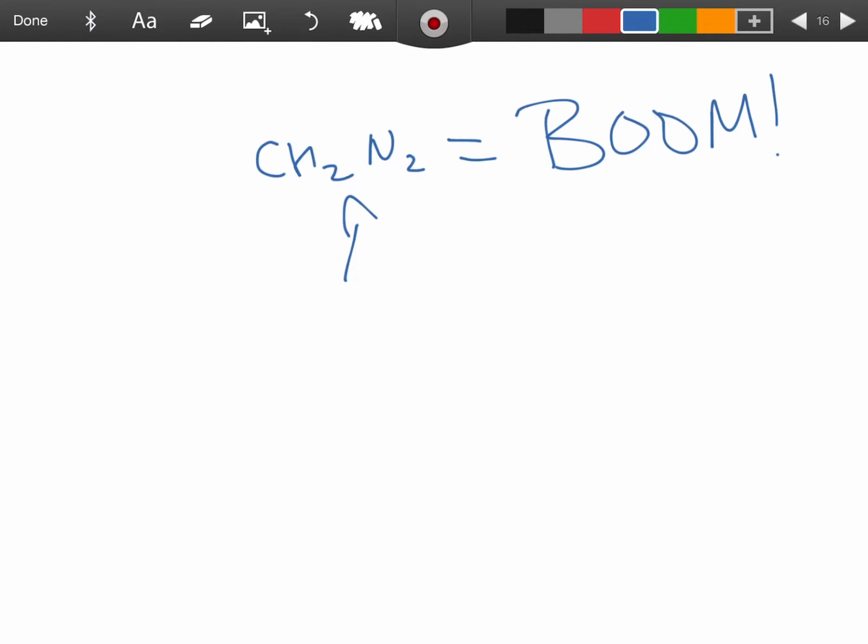Right? So the general rule of thumb is, the closer your ratio of nitrogens to carbons is to 1, right, if you have 1 nitrogen for every 1 carbon, your thing is probably going to be a little explosive. Here we've got 2 nitrogens for every 1 carbon. Boom, no good.